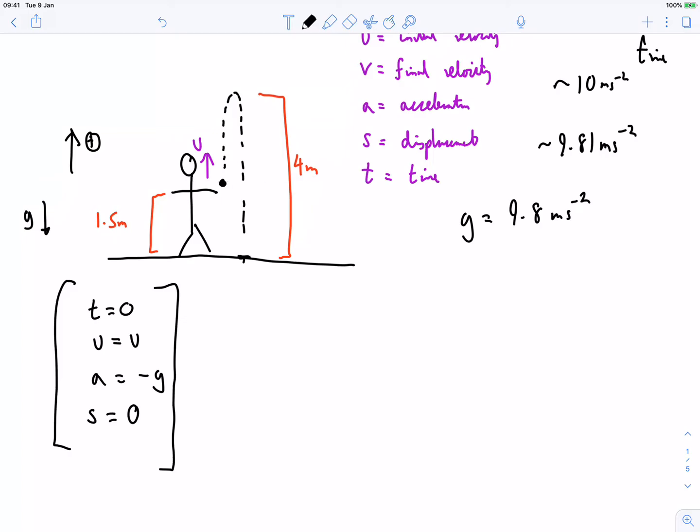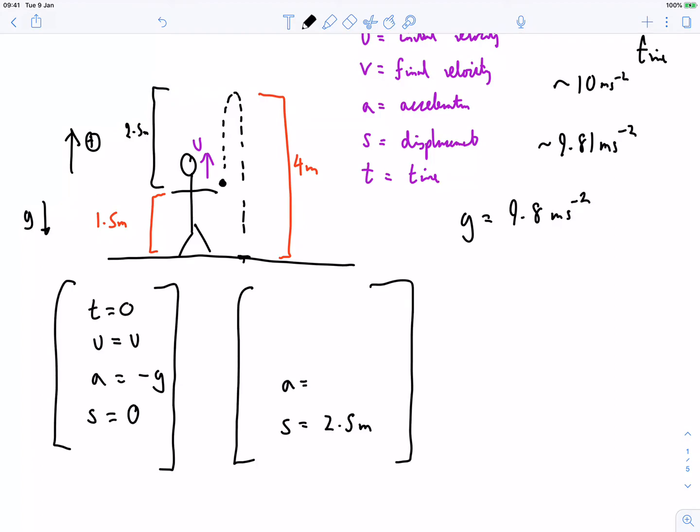Now what happens when S is 2.5 meters? And what does that mean? It means if the total height above the ground is 4 meters, 2.5 meters above where I threw it, we are now at the top. Well, what's going on?